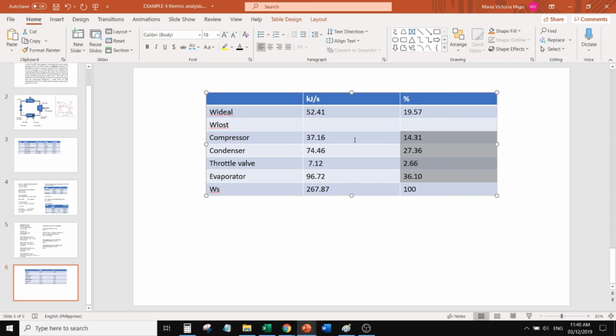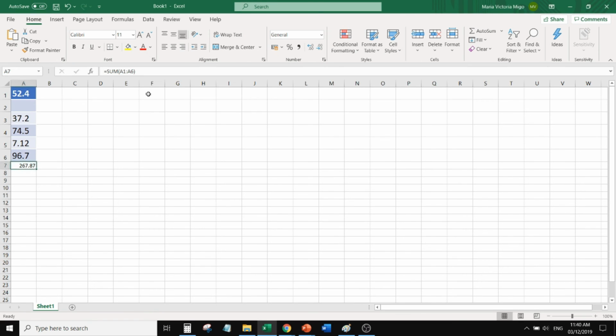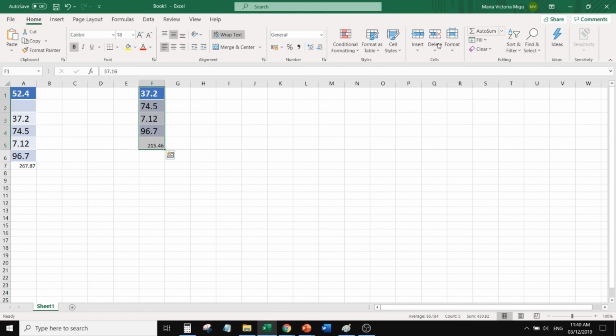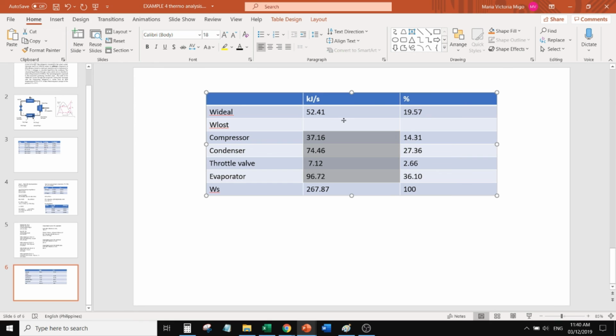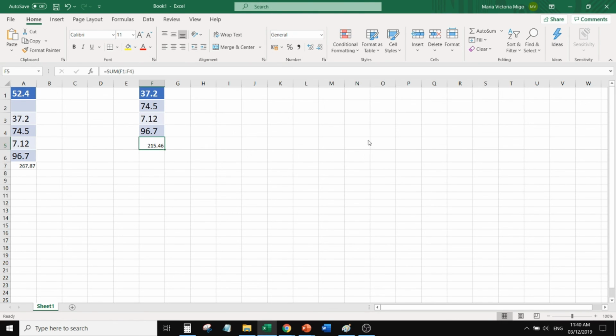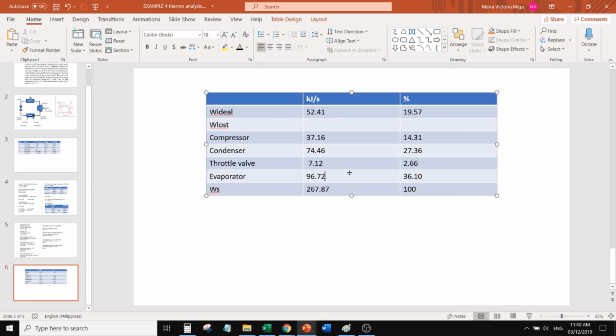And the total of all the work lost is this one, 215. We only need this amount of work ideal, 52, and the work loss is as big as 215.